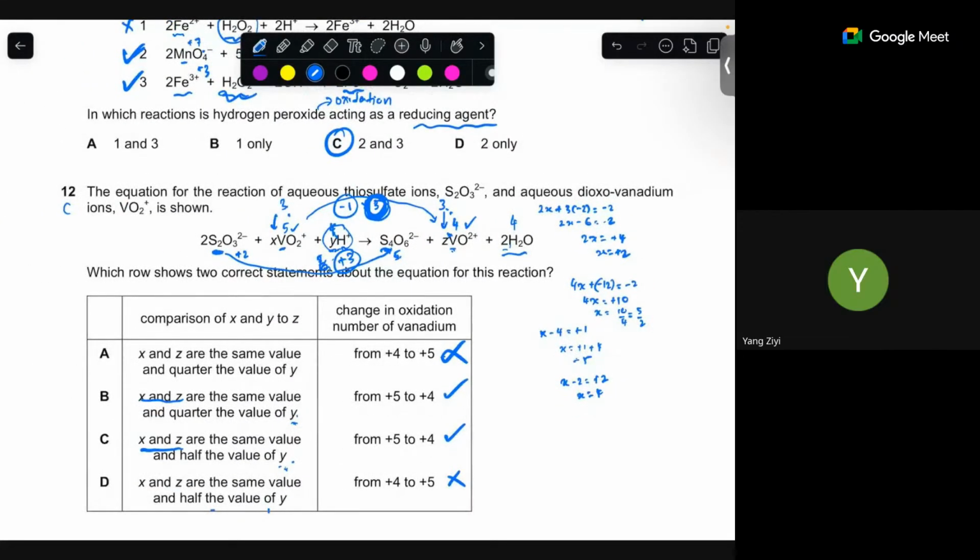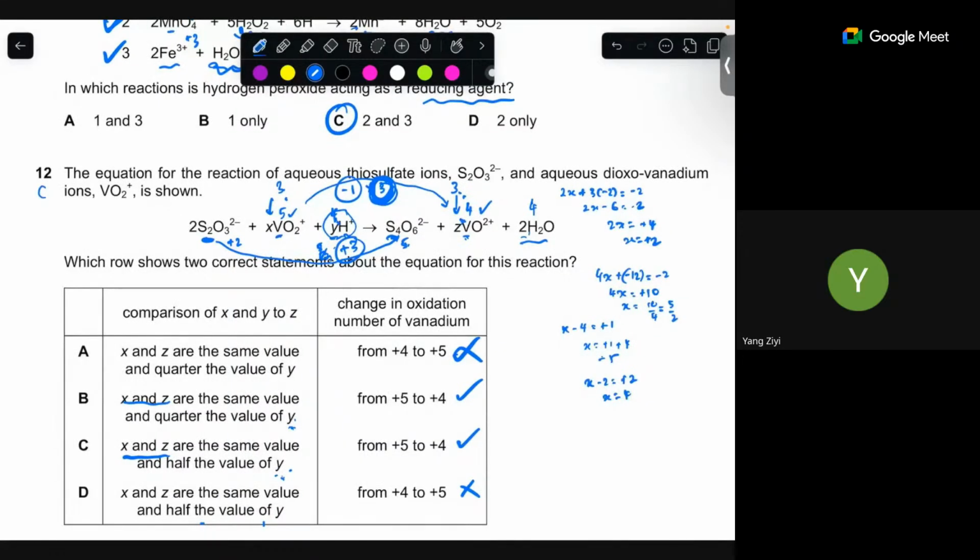Let's actually look at it again. They mentioned that the value is going to be the same value. But whether it's going to be quarter the value or half of the value, the Y supposed to be here. We know 4, so 2. So the H must be 4.